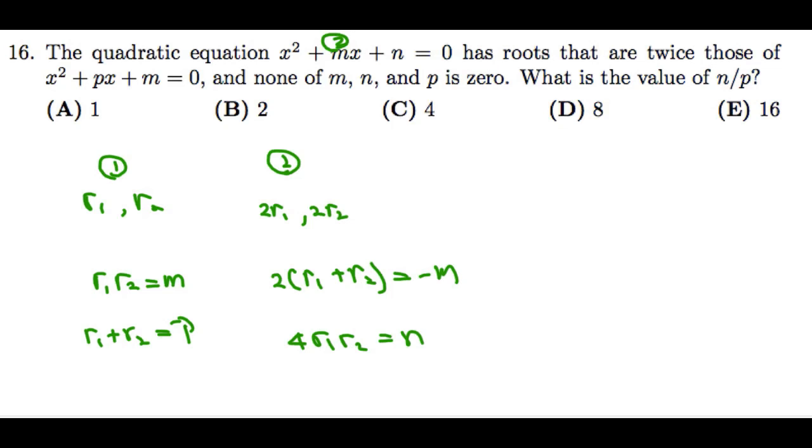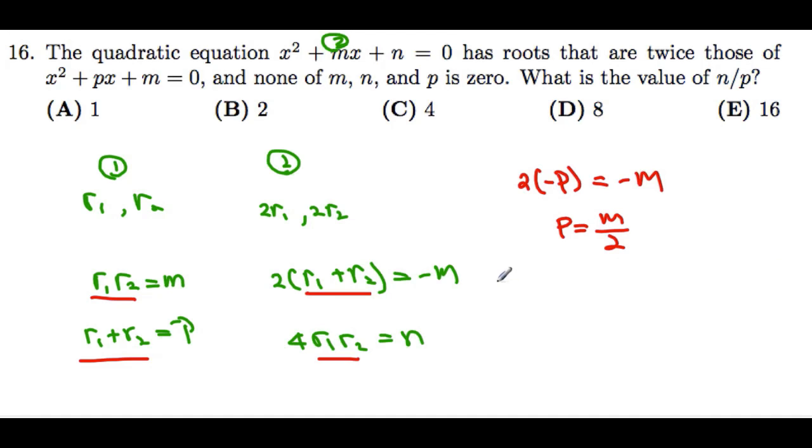Now, we notice that this one is common, and these are also common. That means if I were to place this one over here, then we get to realize that 2 times negative P must be equal to negative M, by substituting R1 plus R2 with negative P. That tells us that P is equal to M over 2.